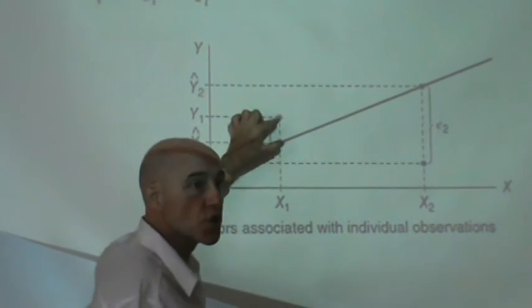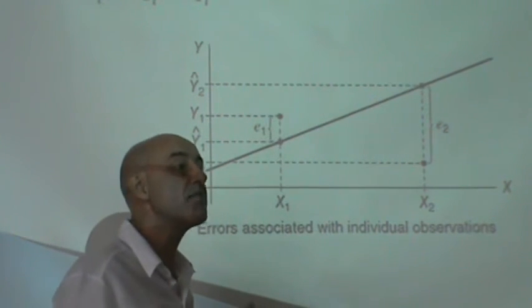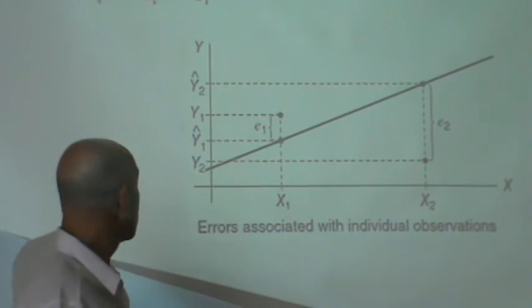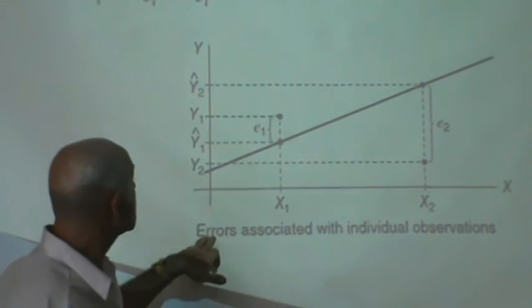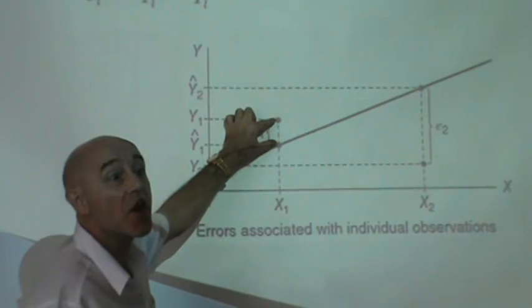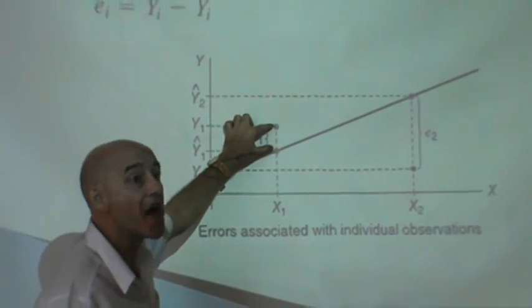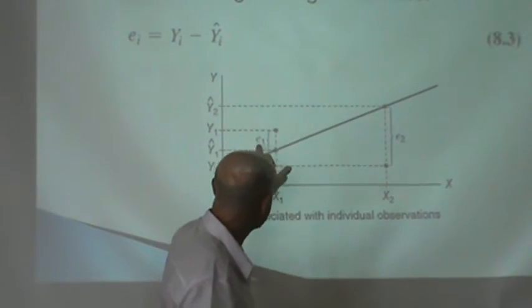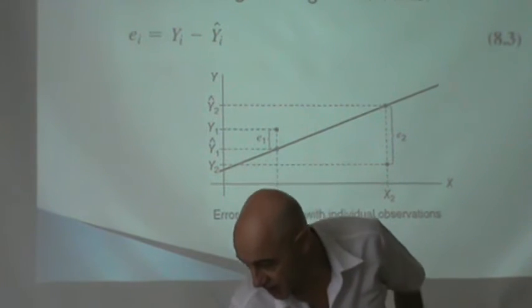And when you use the squares, some nice mathematical properties appear. So these we call errors, E1 and E2.